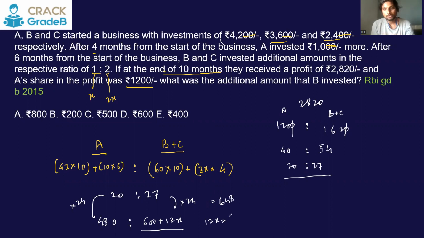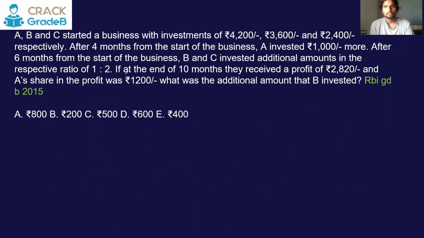That means 12x should be equal to 48 because there is already 600. So that gets us x is equal to 4. That means the additional amount invested by B is 4. But because we have cut down 2 zeros, that means we have scaled it down by 100 times. So we'll have to now scale it up by 100 times. So 4 becomes 400. So the additional amount that B invested would be 400. Option number E. Easy.